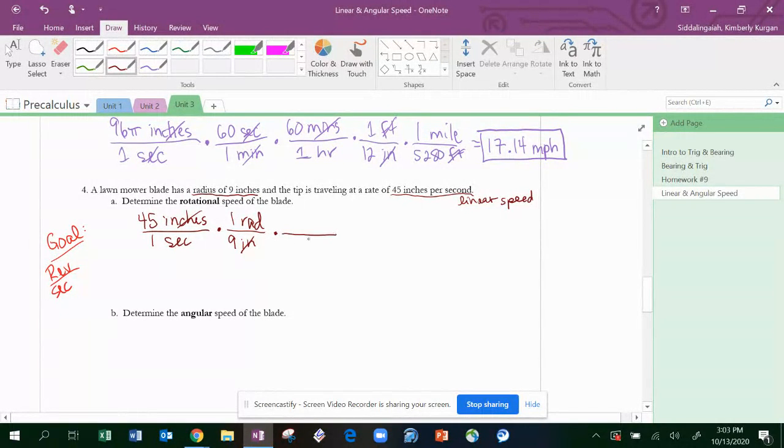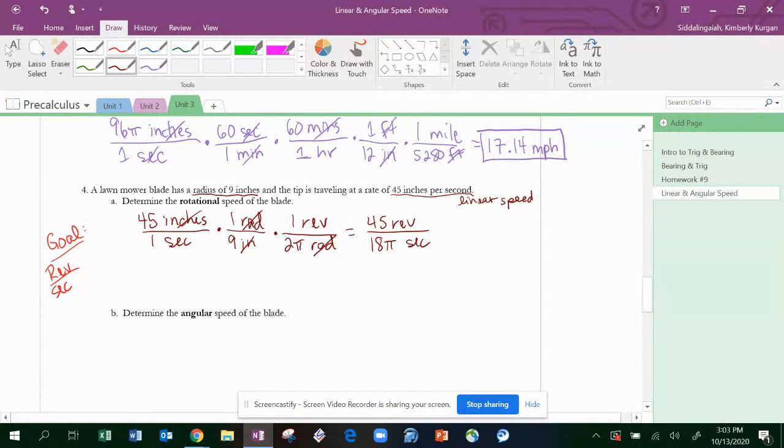And then if you think about our circle, 2 pi radians is going to give us 1 revolution. So if I multiply across, I'm looking at revolutions per second, which is where I want to be. And I end up having 45 revolutions per 18 pi seconds.